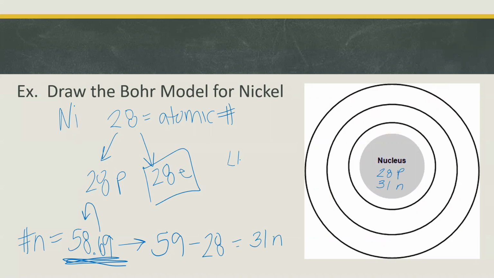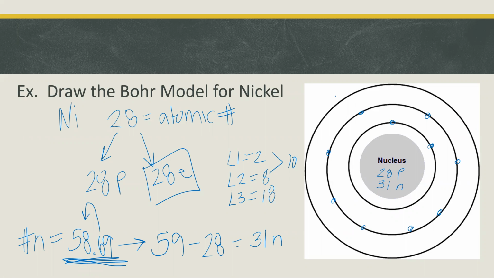So level 1 can hold 2, 1, 2. Level 2 can hold 8, 1, 2, 3, 4, 5, 6, 7, 8. That gives me a total of 10. I need 18 more. Level 3 can hold up to how many? It can hold up to 18, and that's how many we need.